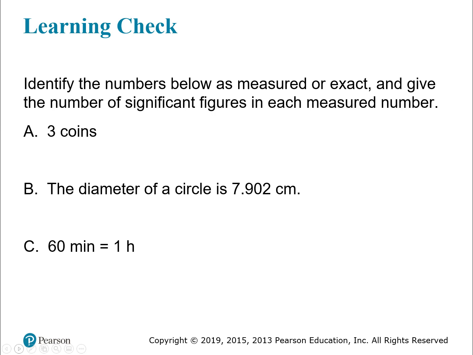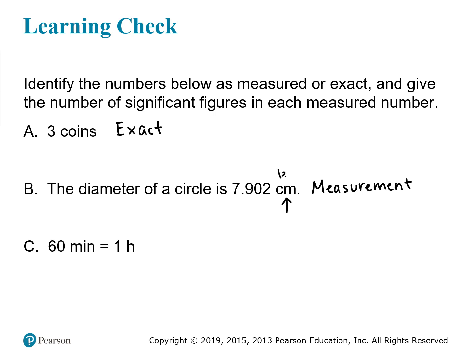Identify the numbers below as measured or exact. Give the number of significant figures in each measured number. So A, 3 coins. That is exact. It's something that you can count. B, the diameter of a circle is 7.902 centimeters. That's a measurement. One of the clues, centimeters.